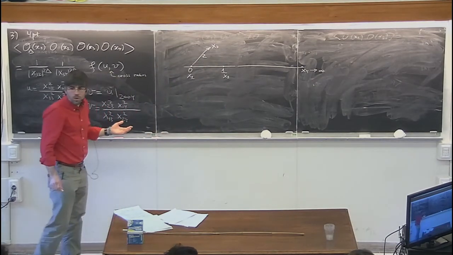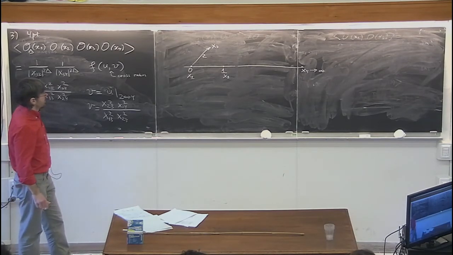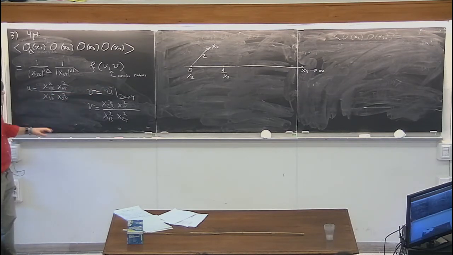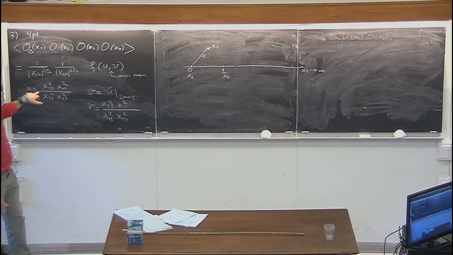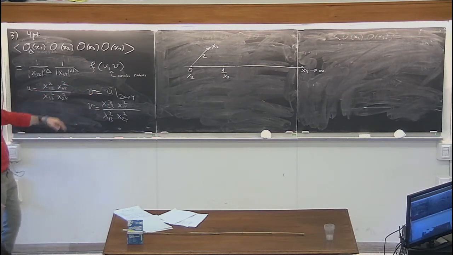Two real variables or one complex variable z. So this functional freedom is exactly the same functional freedom that I see here. I expressed it in terms of two real cross ratios u and v, which can be expressed in terms of this z.